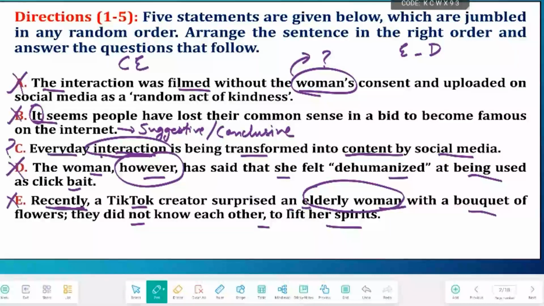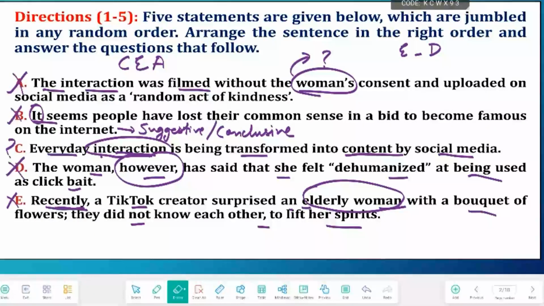तो C के बाद E के बाद द इंटरक्शन वॉज फिल्म्ड. अब देखो यहाँ पर उनका इंटरक्शन जो है वो फिल्म्ड विदाउट द वुमेन्स कॉन्सेंट. ठीक है. तो CEA. उसके बाद द वुमन हावेवर. अब देखना हावेवर है तो यहाँ पर जोड़ रहा है वो तो उसके कंसेंट के बिना किया था एंड शी फील्स लाइक डीह्यूमनाइज्ड. सो CEA D आएगा नॉट B. आई एम सो सॉरी.